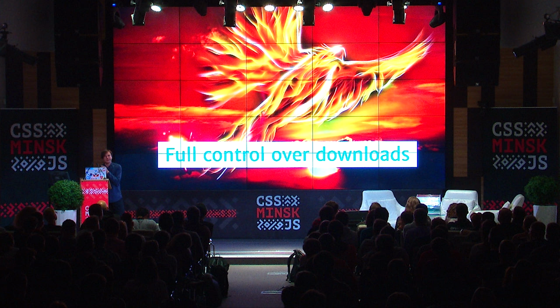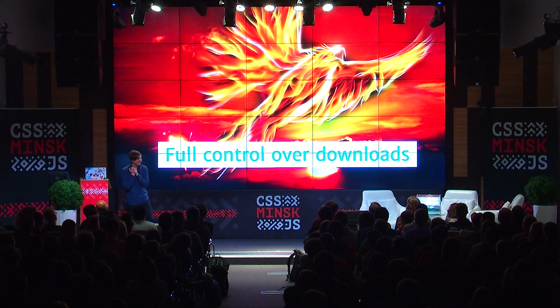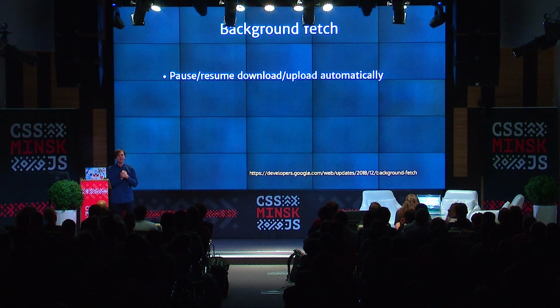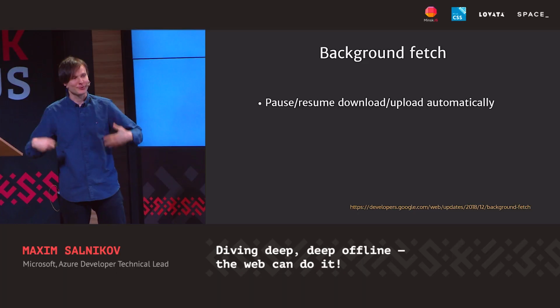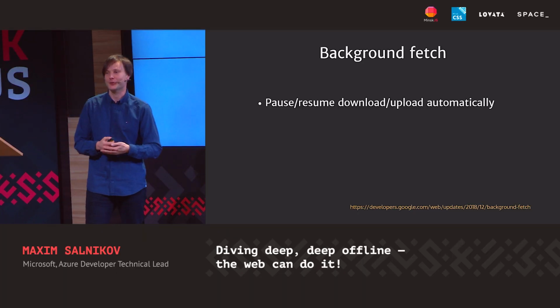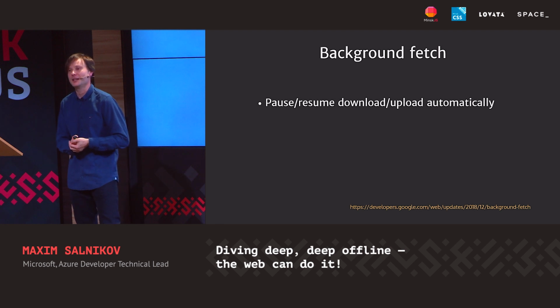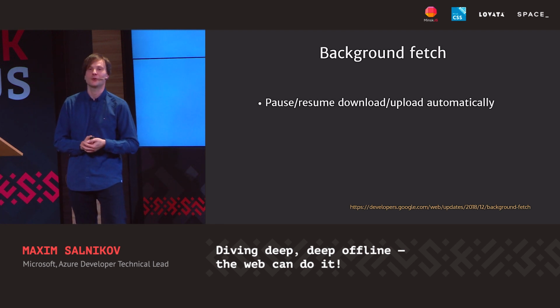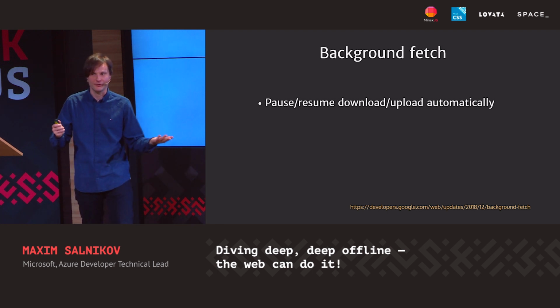Control over large downloads. For this block, I found the picture of Phoenix, and you will understand in a second why. Because we want to come back to life, we want to respawn when we get some connection problem if we were downloading or uploading a large file.